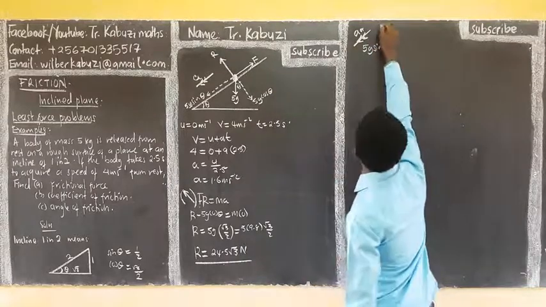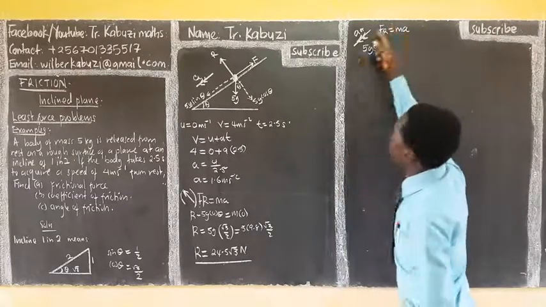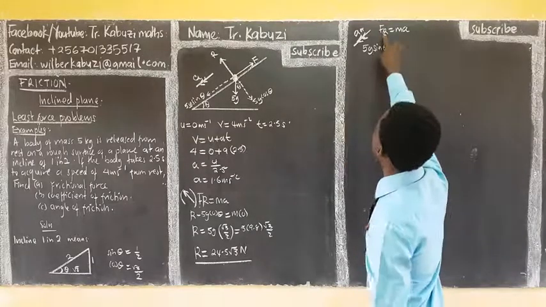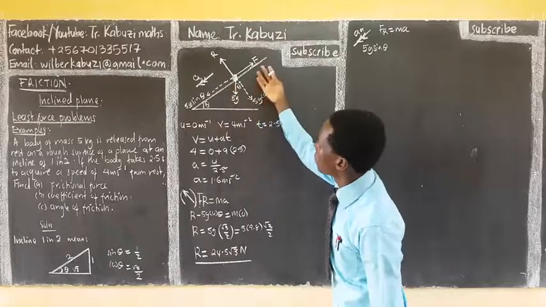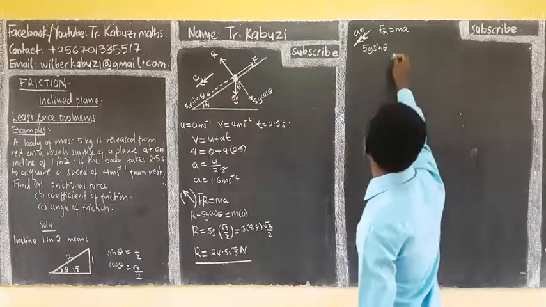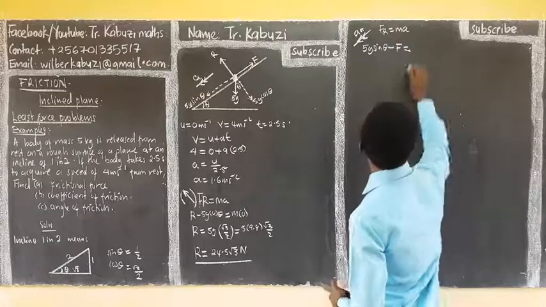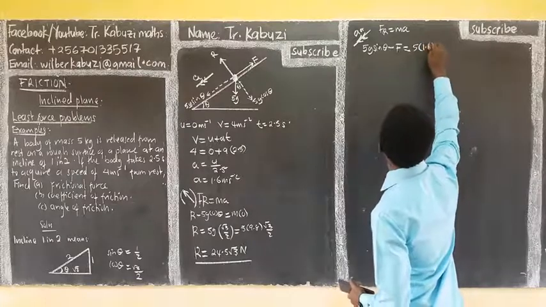Then remember we are having F. The resultant force should be equal to MA, the mass times the acceleration. So the resultant is this force going downwards, I think it's the only force going downwards, then minus the opposite F, equal to m. Our mass is 5 times the acceleration, which we saw as 1.6.